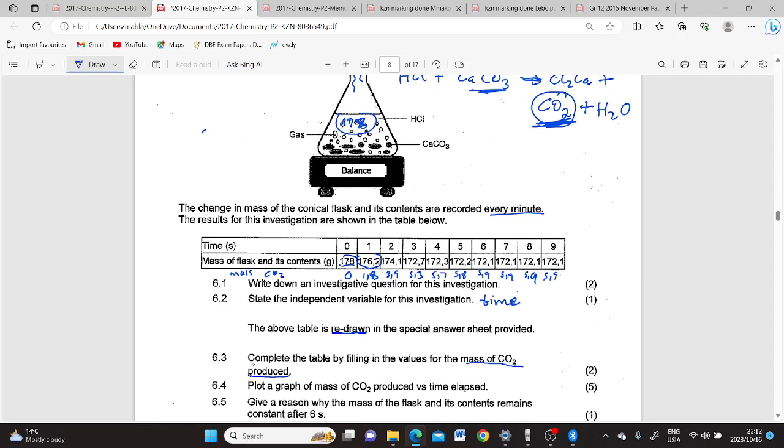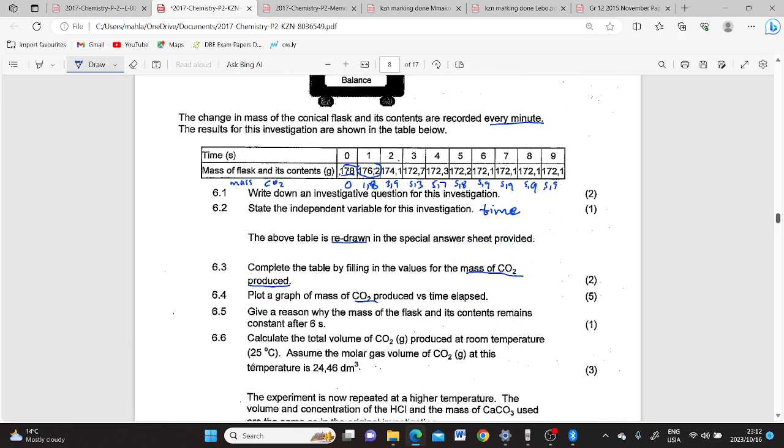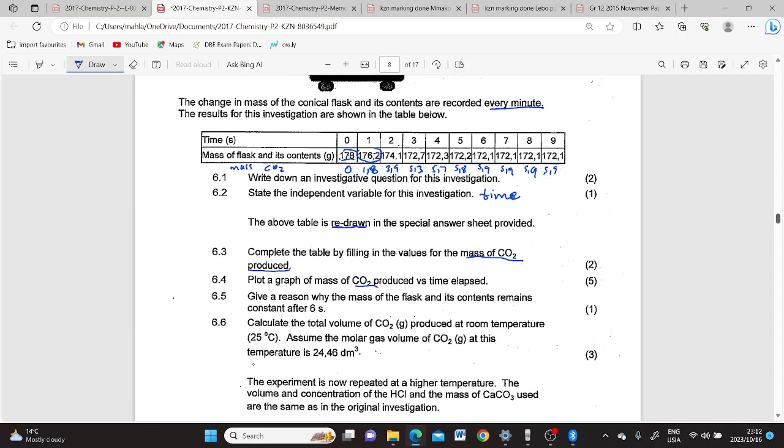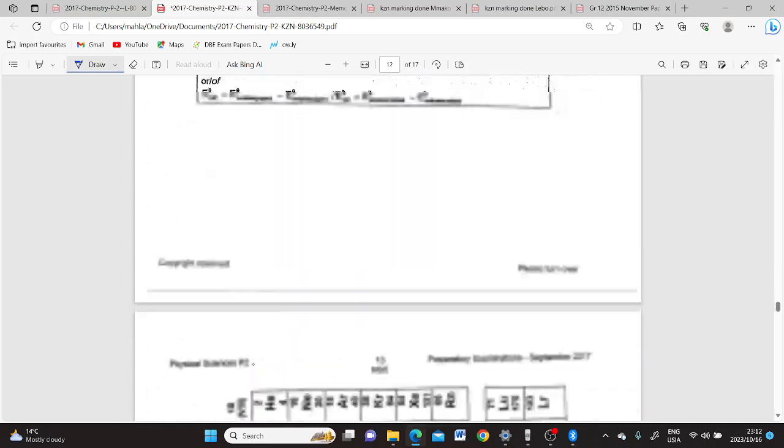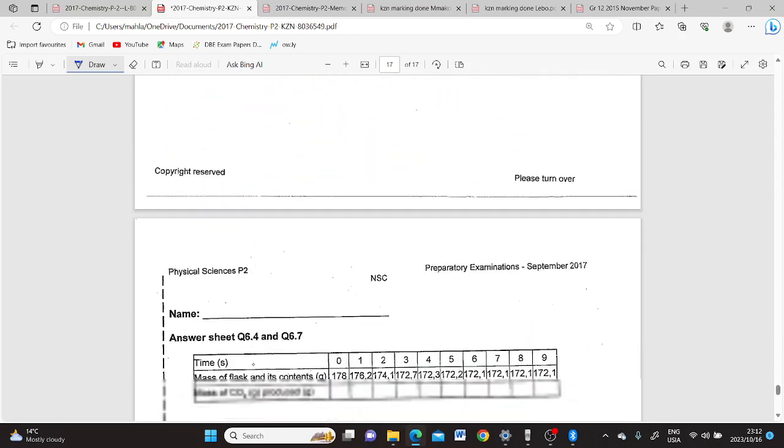Now they're saying plot a graph of mass of carbon dioxide produced versus time elapsed. So there is a graph shown down there that is given.